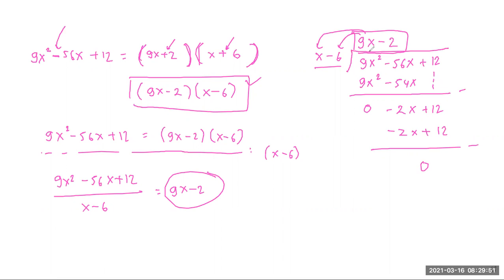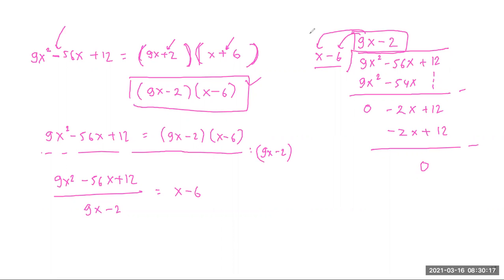Okay, so let's cross check it with the other one. What if I change it? I don't want to divide by x minus 6. I want to divide by 9x minus 2. So I divide all by 9x minus 2. Is it true that the result will be x minus 6?